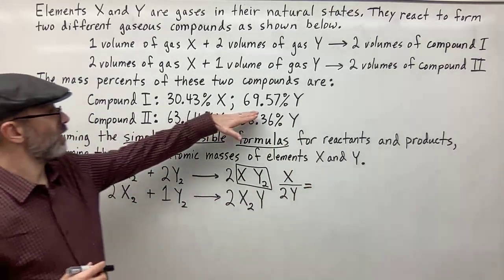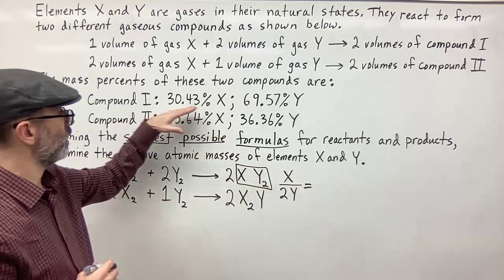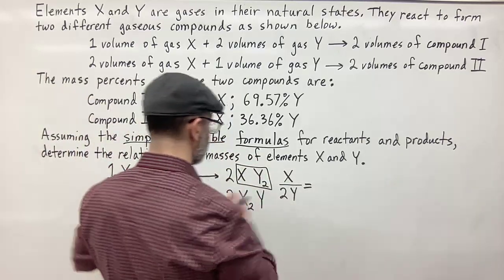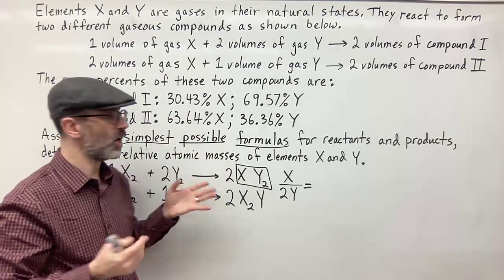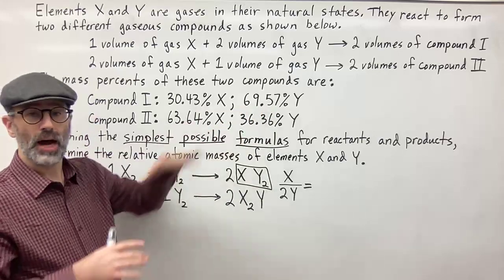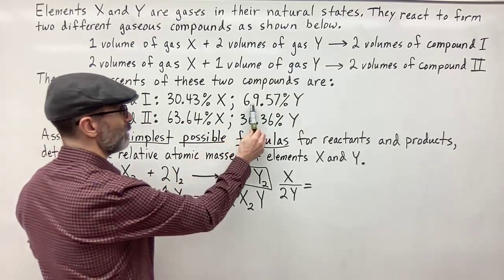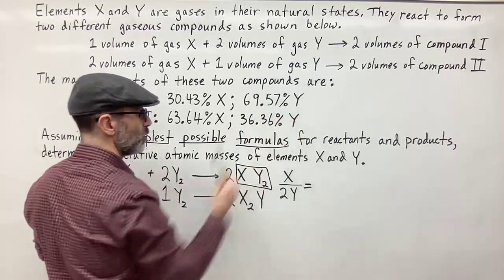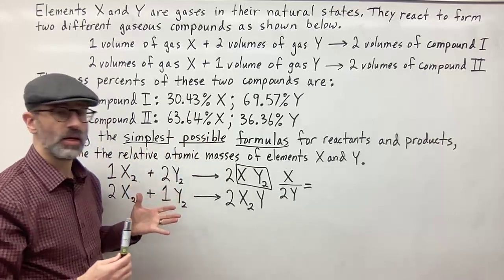The percent of y I can put on the bottom, percent x I can put on top. Because let's assume 100 grams of compound 1. So out of 100 grams of compound 1, 69.57 grams is going to be y, and 30.43 grams is going to be x.